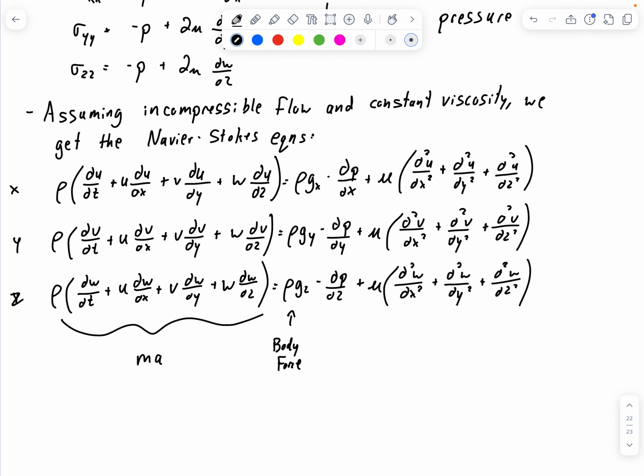You have a pressure gradient right here. And over here, this whole term represents the effects of viscosity. And so in combination with continuity, those equations provide a complete description of incompressible Newtonian flow, and therefore they're called the governing equations of a flow, or fluid mechanics.